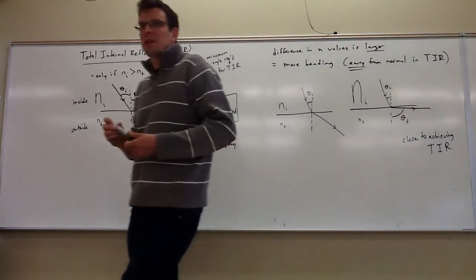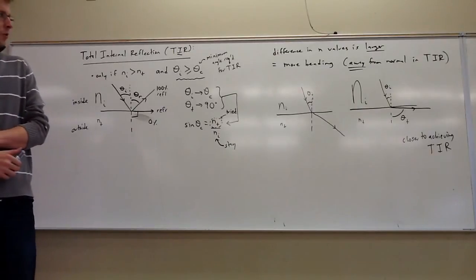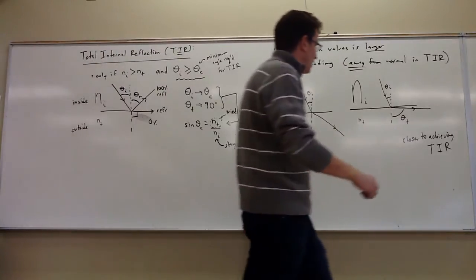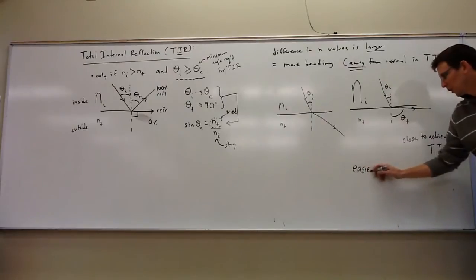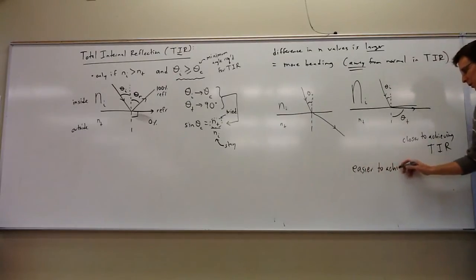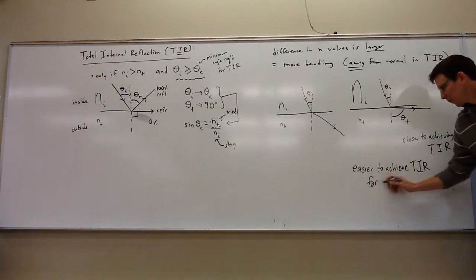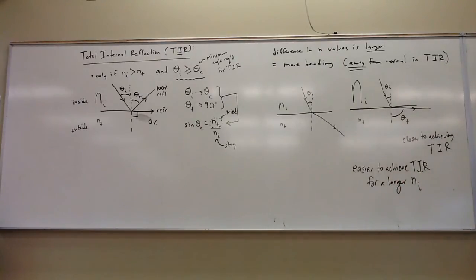And so my whole point in what I'm getting at here is that the bar to clear for total internal reflection is a lot easier to clear when the n values are different. In a certain sense, it's easier to achieve total internal reflection for a larger n sub i for a given n sub t.